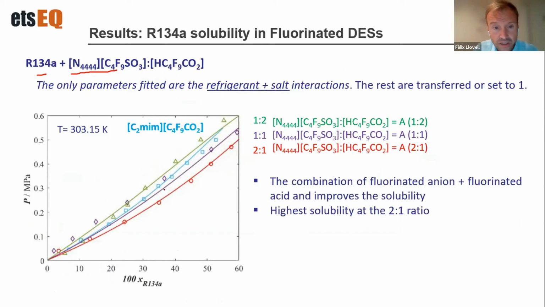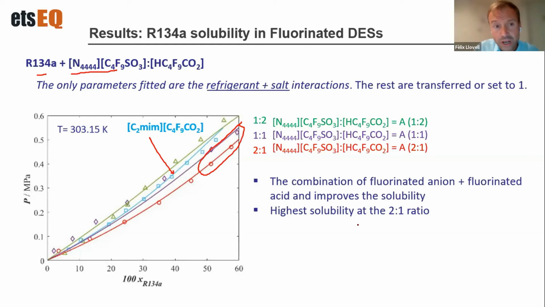Now we got very promising results, and as you can see, compared to the original ionic liquid, we have at least two ratios that are providing better results in terms of solubility. So we are obtaining higher solubility.